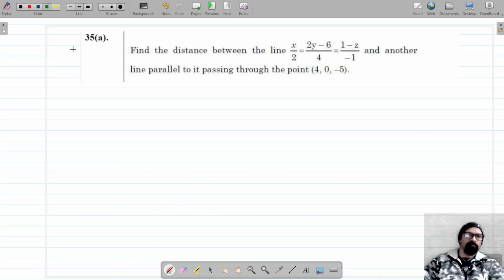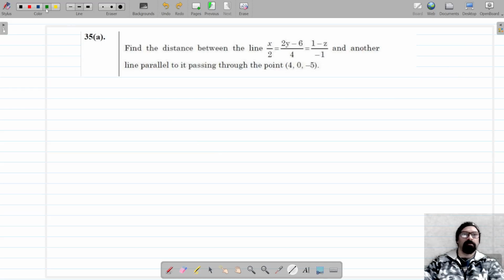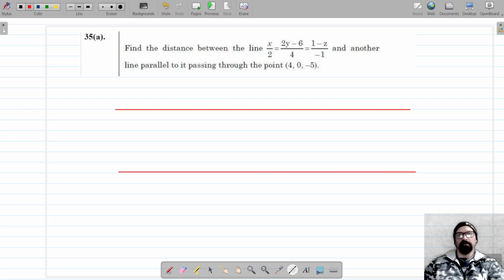Okay, for question number 35, part A, we have to find the distance between the line and another line parallel to it. So there is a line whose equation is given, and there is another line. Both lines are parallel.